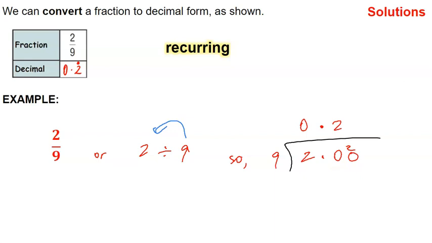So we introduce a 0. And we ask, does 9 fit into 20? And it does, 2 whole times, remainder 2. So we introduce a 0. Now we ask, does 9 fit into 20? And it does, 2 whole times, with a remainder, and so on. This is another example of a recurring decimal.